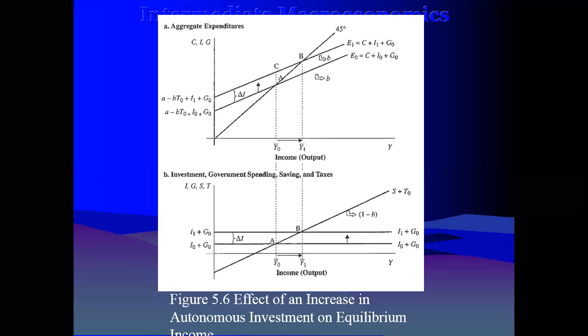That's what we mean by there's going to be changes in the components. But as for AD, there wasn't going to be any change at all. So that's the reason why they said that there's no real effect whenever there's an exogenous change in investment.